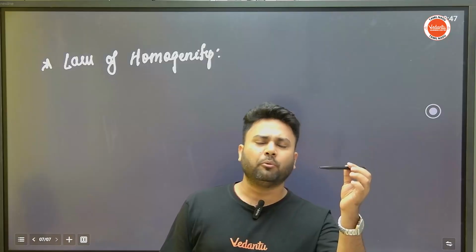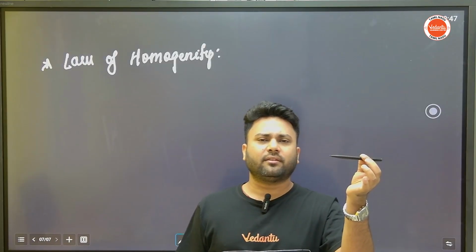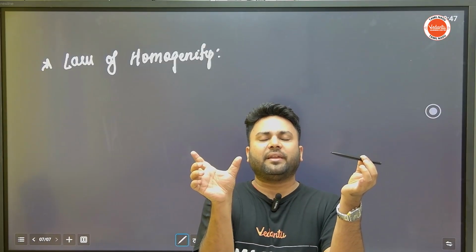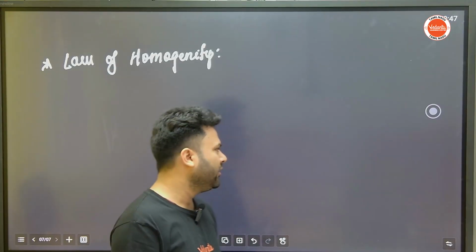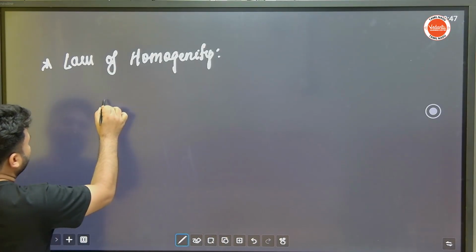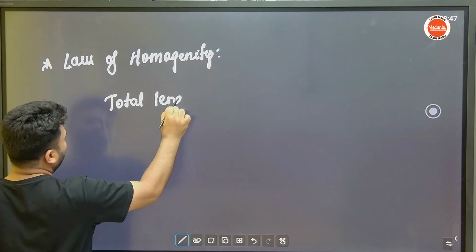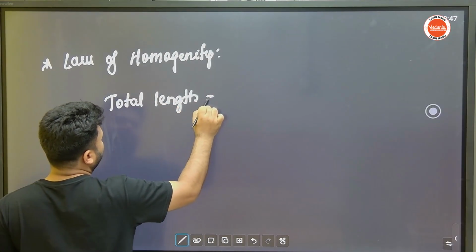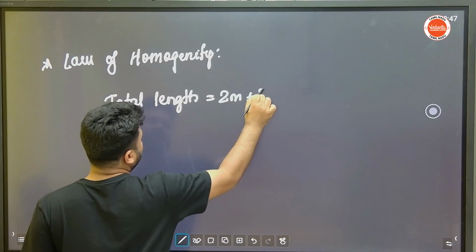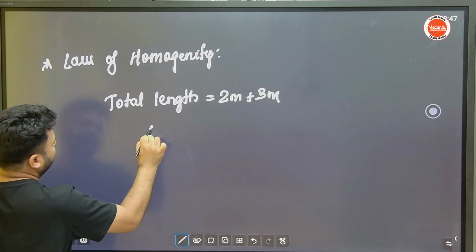Suppose I have 2 pens. This pen length is 2 meter, for example, and another pen I have that length is 3 meter. So if someone asks what is the total length, so I will write 2 meter plus 3 meter. So finally we will get 5 meter.